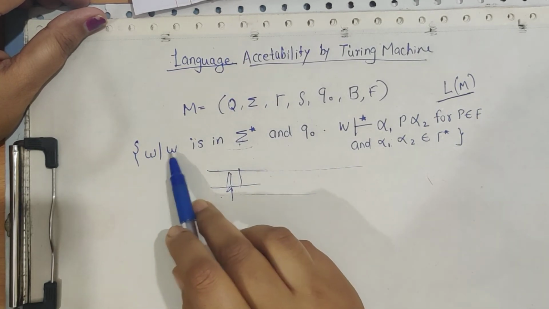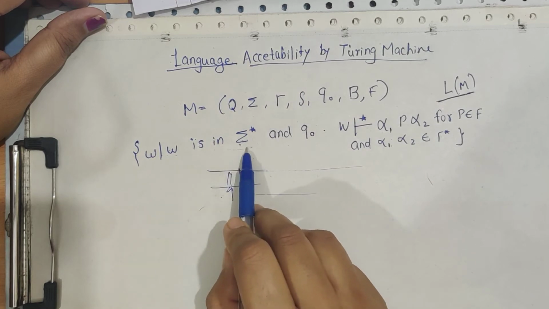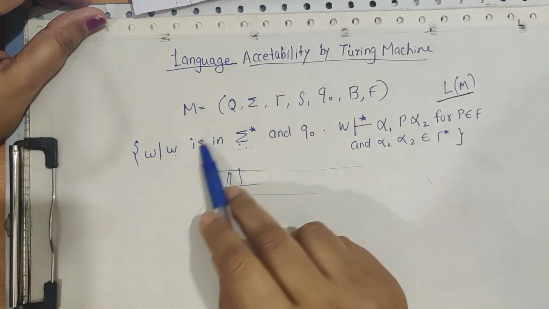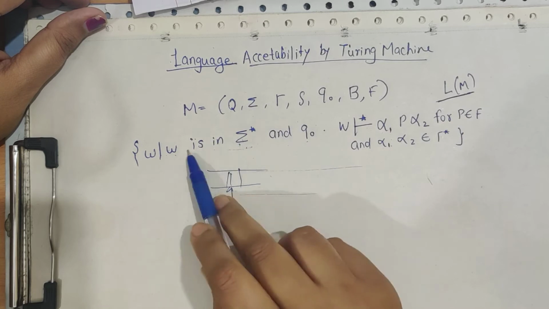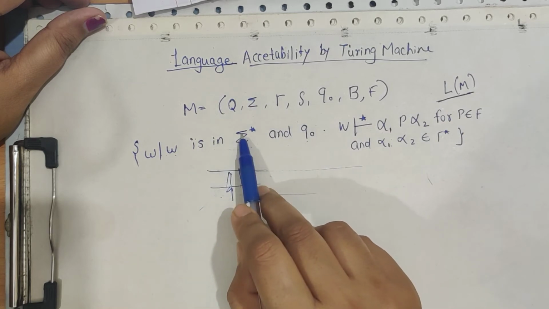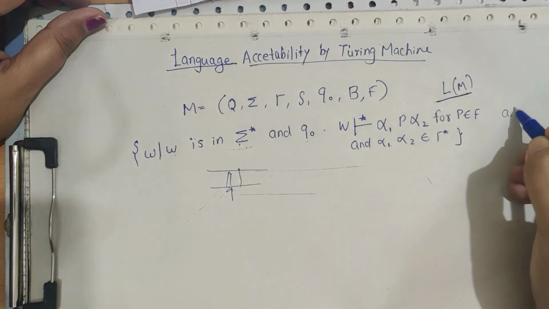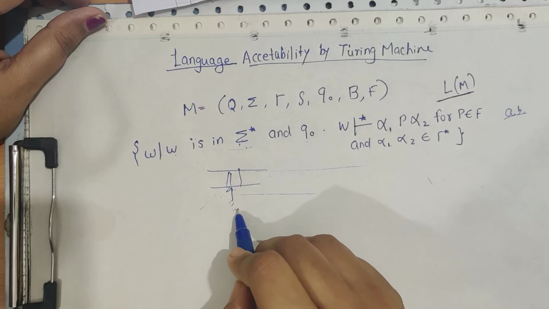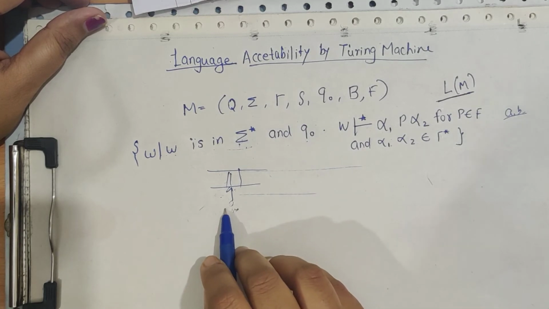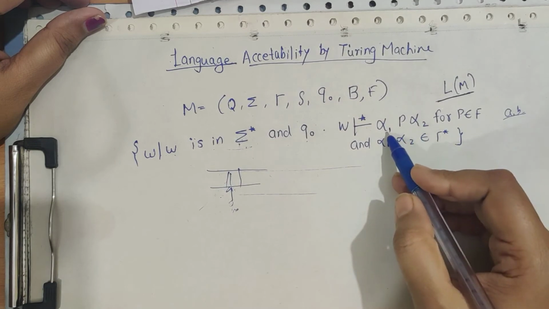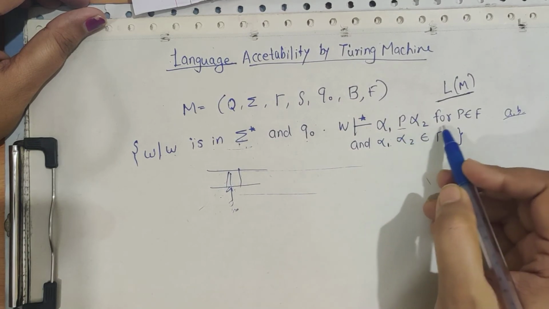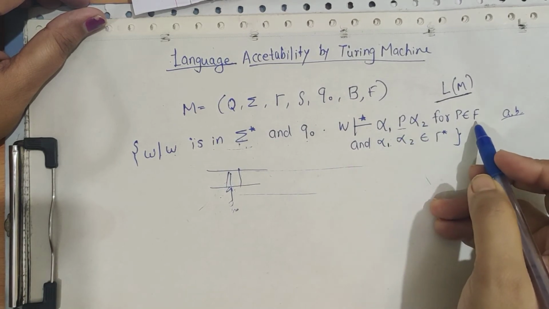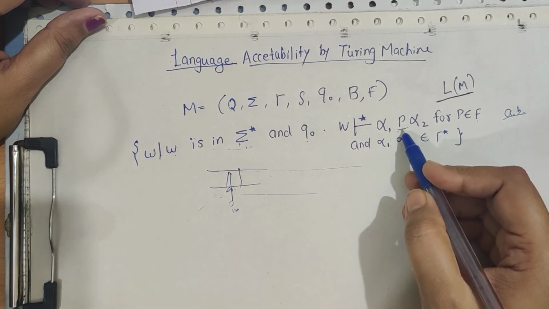So W, such that W is in sigma star and q0. The string contains symbols from sigma star, that is input symbols like A, B, and it is currently in the initial state q0, and it moves to a state P, where P belongs to the final state.